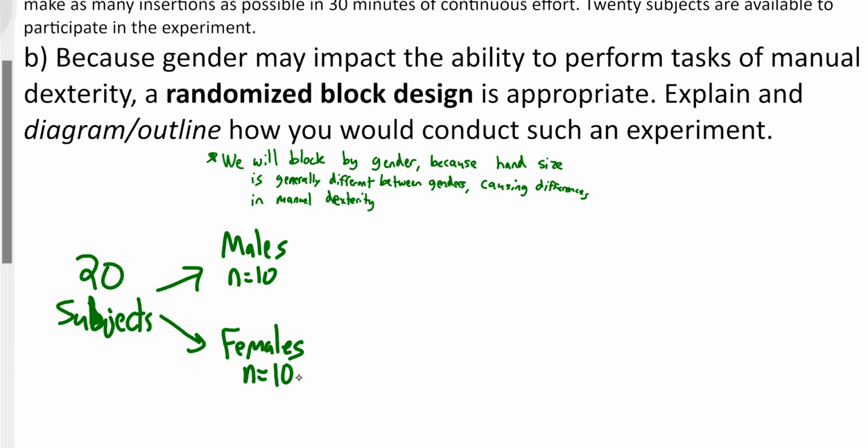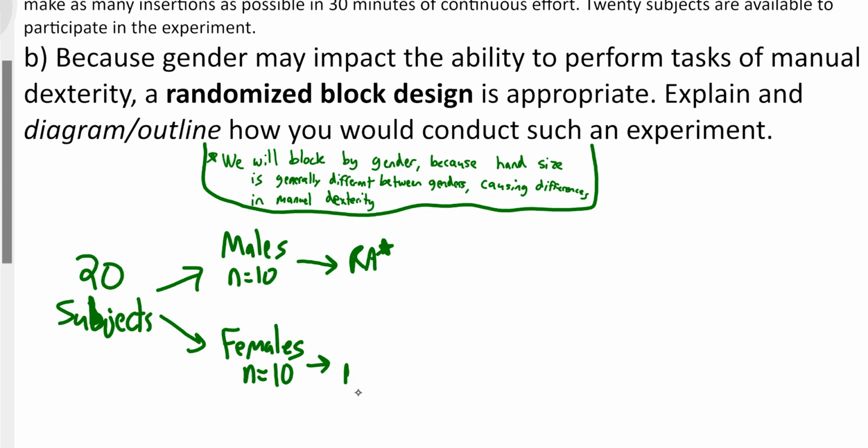Now, within each of those groups, I want to do a random assignment. Okay, you would have to explain your random assignment. You can explain it once and just say, do the same thing for males or females, whichever one you start with. Do it for one and just do the same for the other.